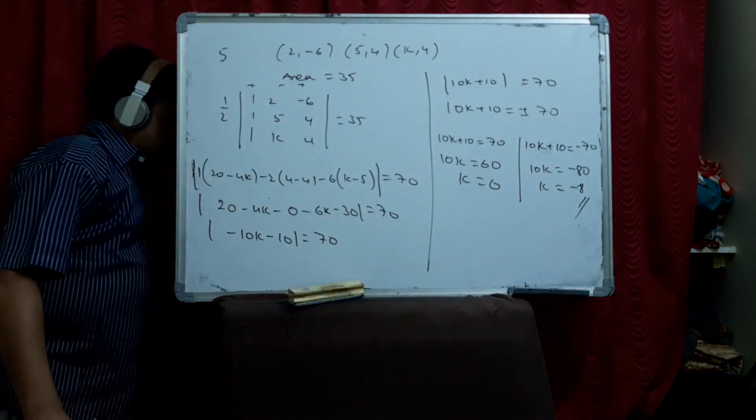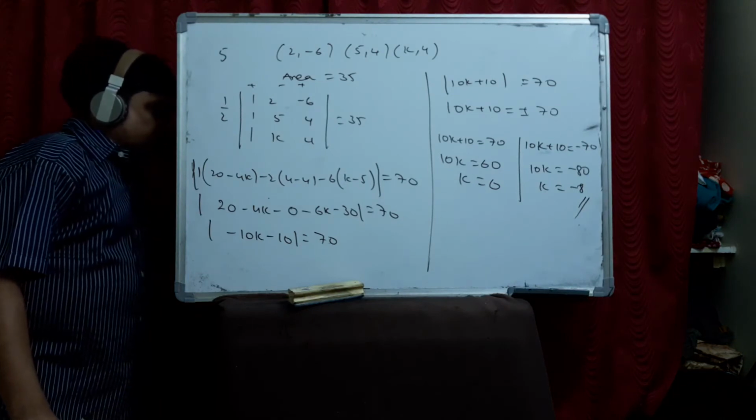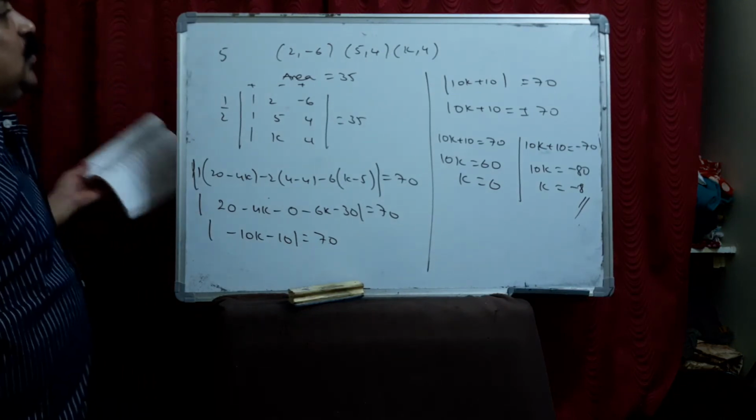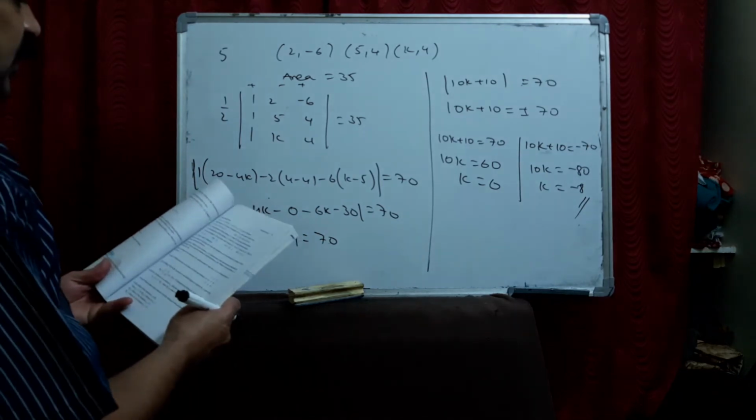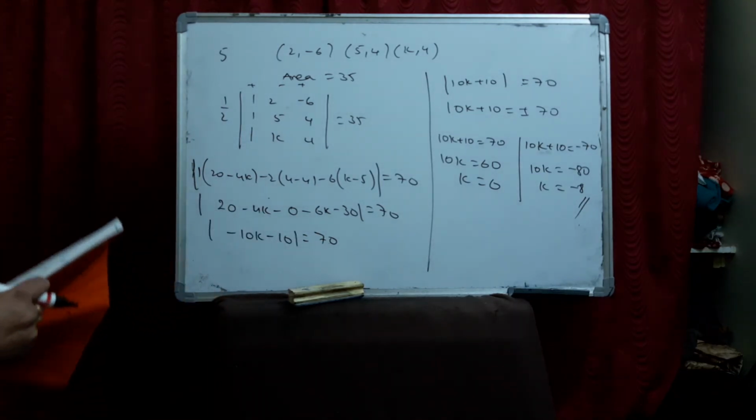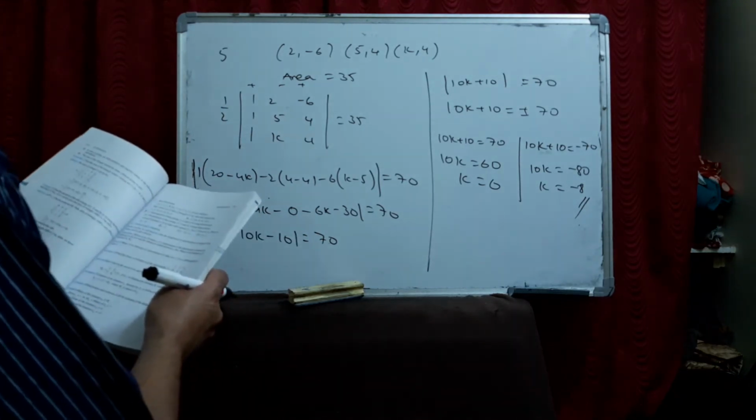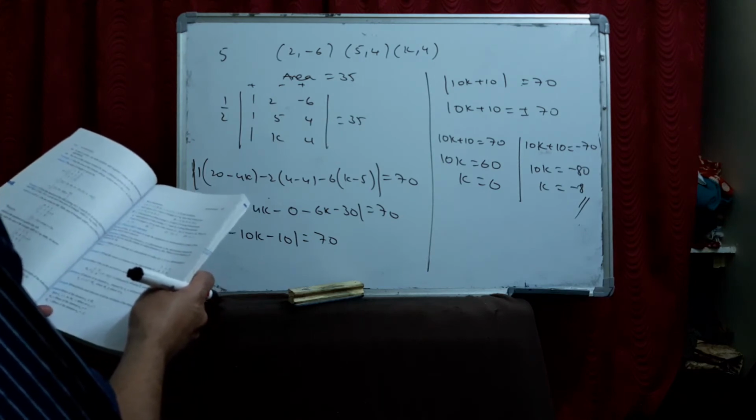So the options they have given, 2 minus 6, 5 4, somewhere it went wrong. Just a minute. 2 minus 6, 5 4 for k.